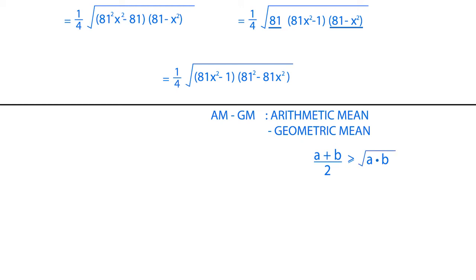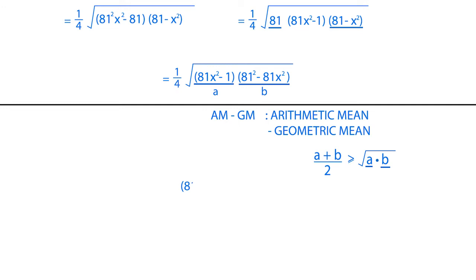This always holds true. So we use AM-GM on this expression right here. We recognize that this can represent our a, and this can represent our b. Then we can create this inequality as follows.